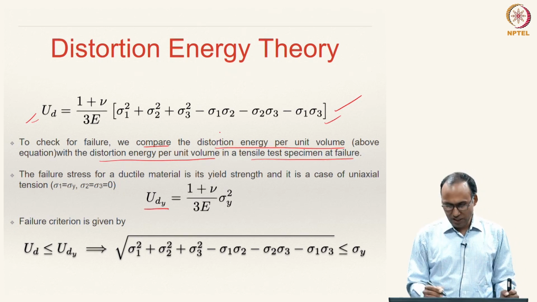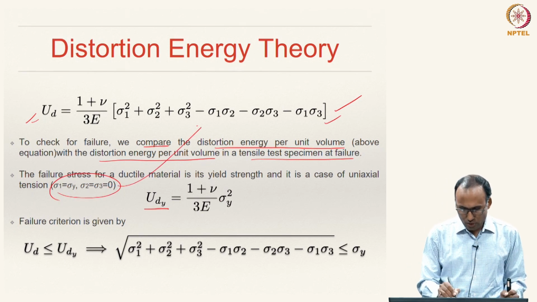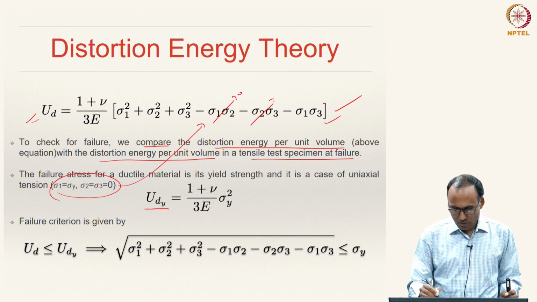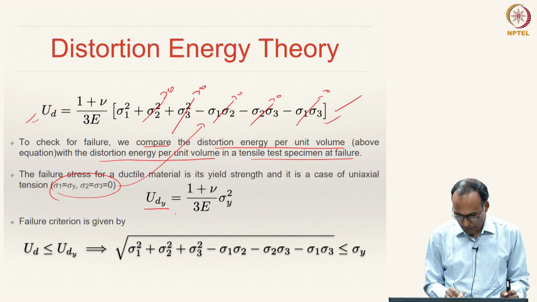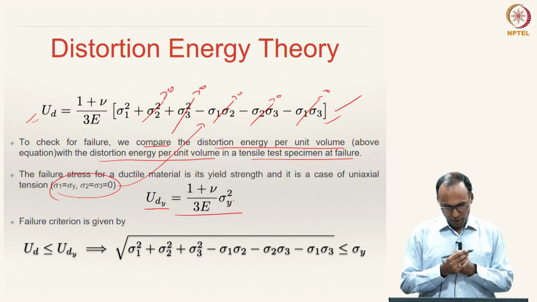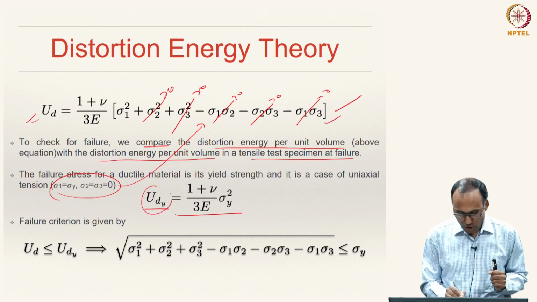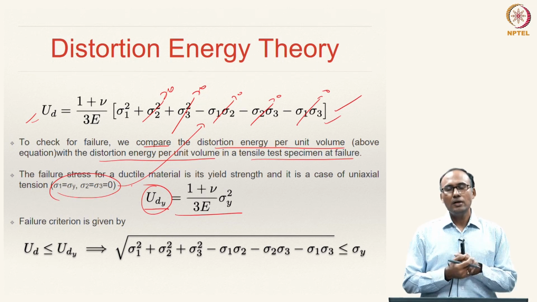Because sigma 2, sigma 3 are 0, if you plug this condition into that equation, this becomes 0, this becomes 0, that becomes 0, this becomes 0, that becomes 0, and as a result 1 plus nu by 3E times sigma y square, because sigma 1 equals sigma y at the yield point of the material. So, this is our distortion energy for the uniaxial tension specimen, right.